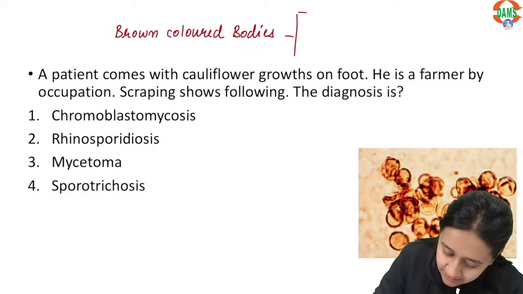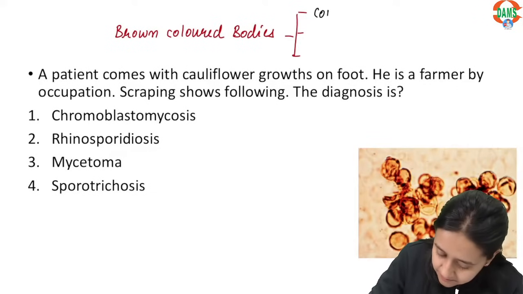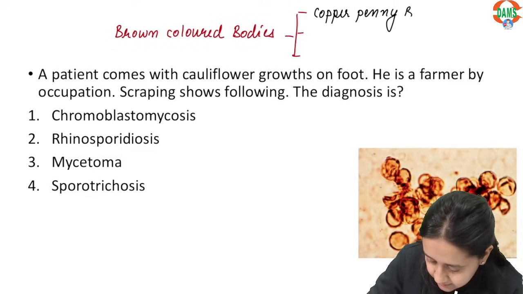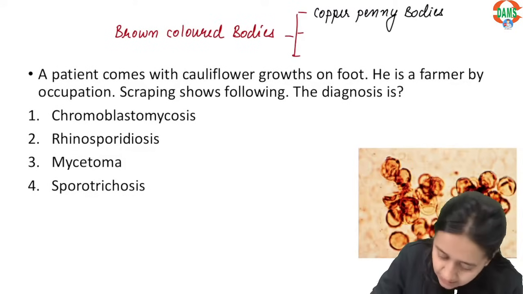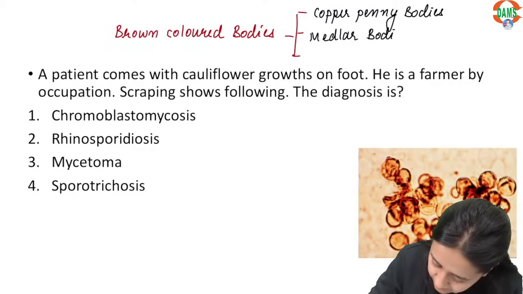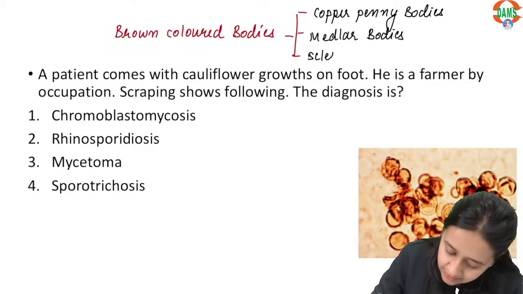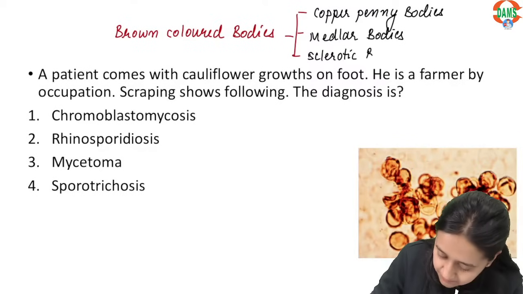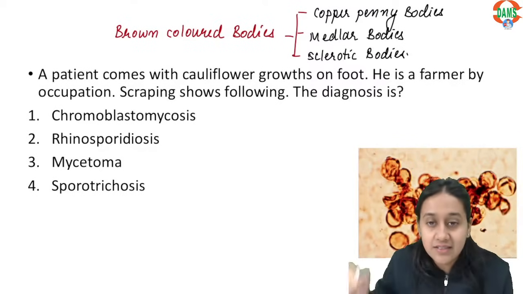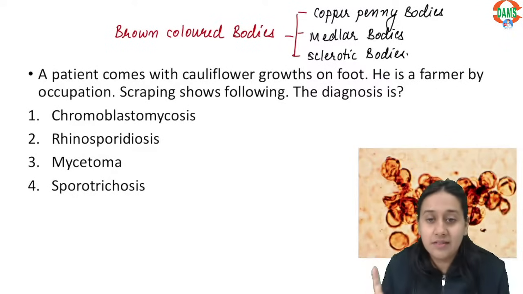Great. Three names. Copper penny bodies. Medullary bodies. And sclerotic bodies. So please remember that the three names are used for the same thing.